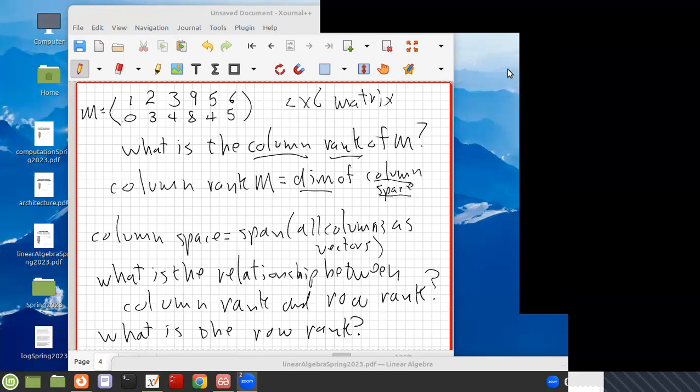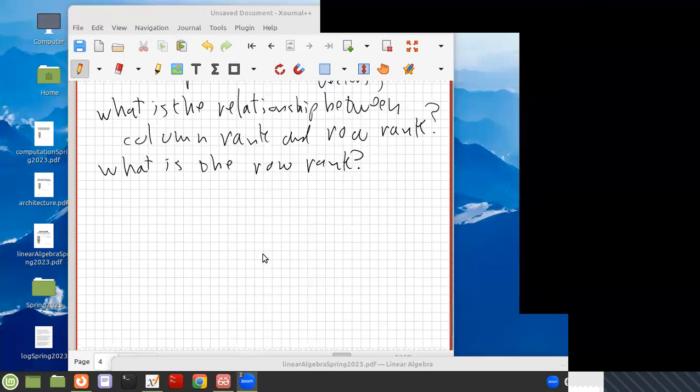So anyone else have, well, the row rank, right? What is the row rank? Well, it's the number of vectors in a basis for the row space. Now here's the key thing. Gauss's method makes the rows linearly independent.